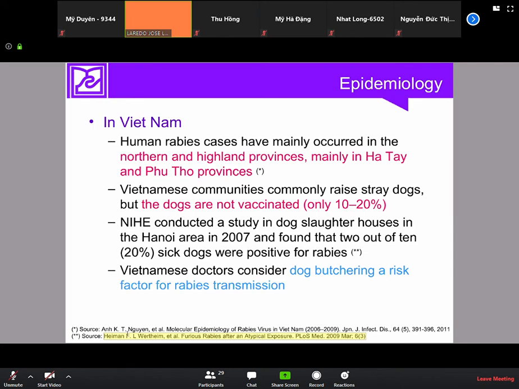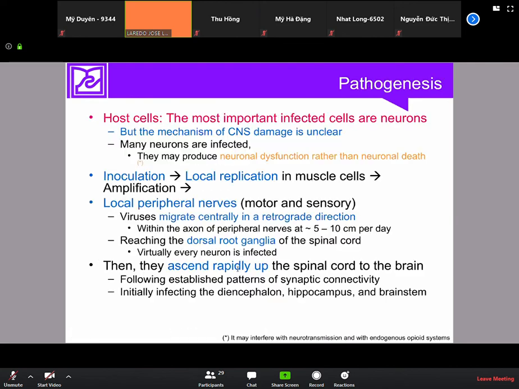I was very surprised. I was working with this person a long time ago, and he told me about the patient. And I was very surprised that rabies could be acquired through inhalation. That is very, very uncommon. Okay. So please, if you have time, you can find this paper and you are going to learn a lot about rabies in Vietnam.